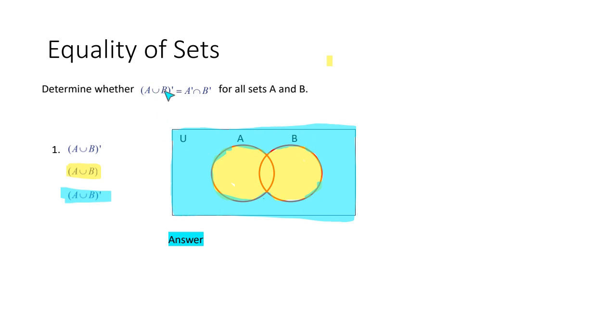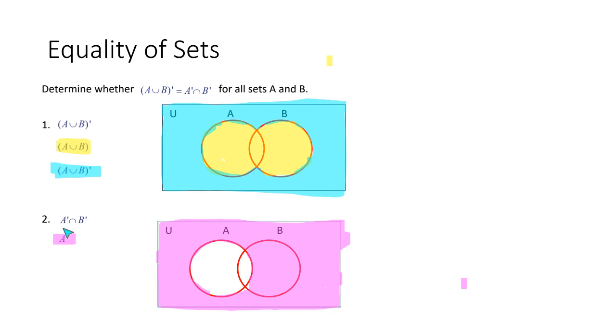What we have to do next is we have to show that this right here will also give us this turquoise area, which is outside of A and B. Okay, so that's what we're gonna try to prove next.